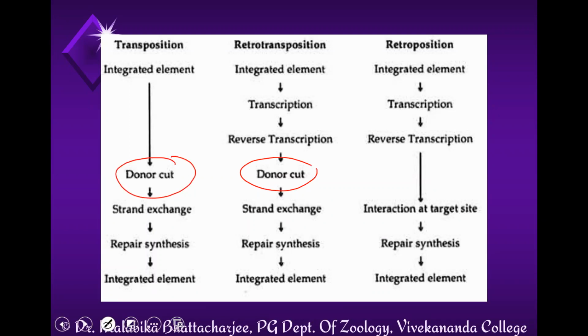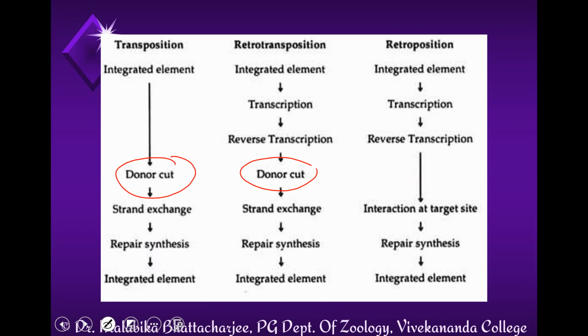As you can see in the donor cut, an endonucleolytic cleavage reaction occurs, which is catalyzed by the transposase, which separates the transposon element from the host DNA. We saw that in the animation.